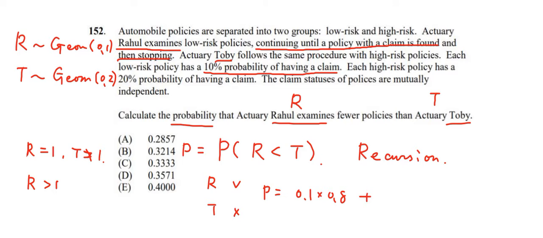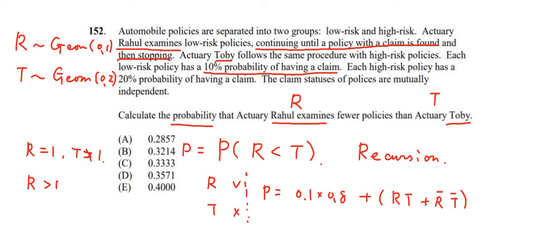Then we check the first time it happens and is determined, and the first time it cannot be determined. That is, R happens or T happens: R equals 1, T equals 1, or R not equal 1, so the first time there is no claim.